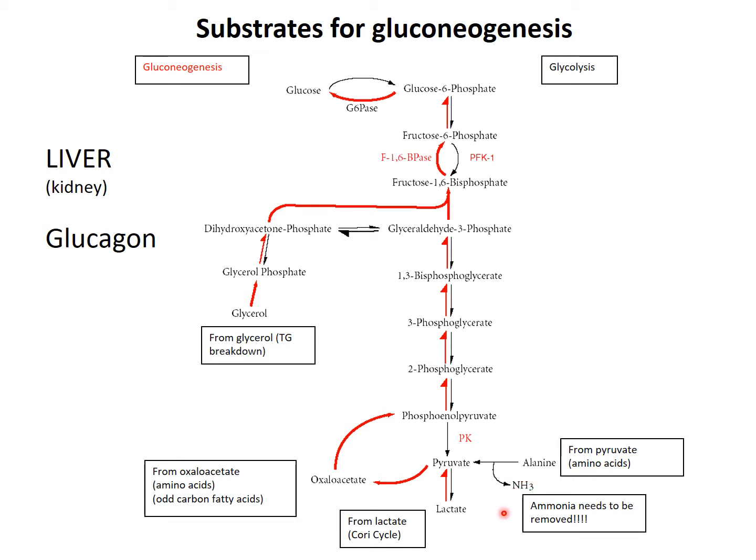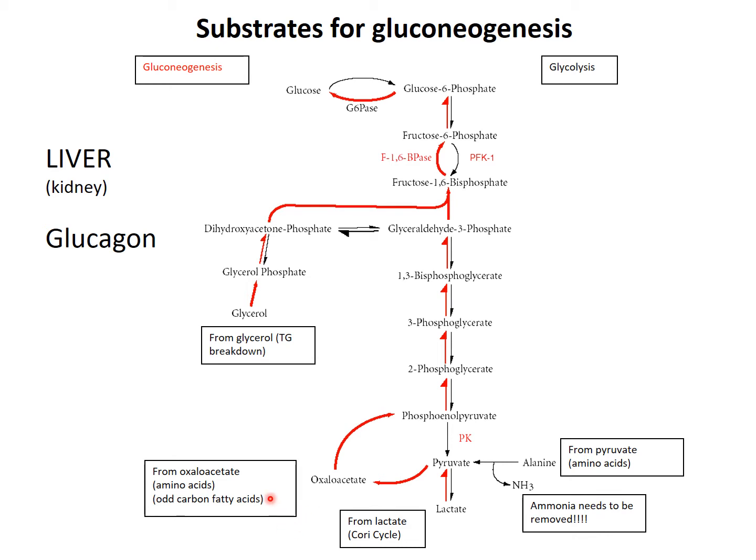Ammonia is toxic. Ammonia needs to be handled. In a later lecture, I will talk about how we remove this ammonia and channel it in the liver cytosol to the urea cycle to turn this very poisonous ammonia to urea, which we can excrete easily through the urine.